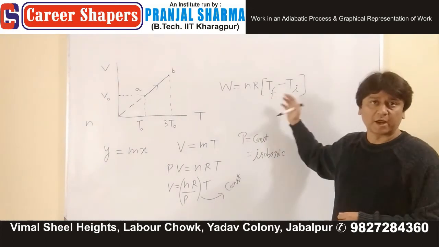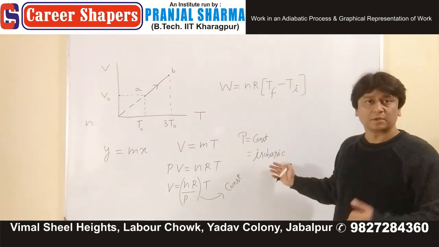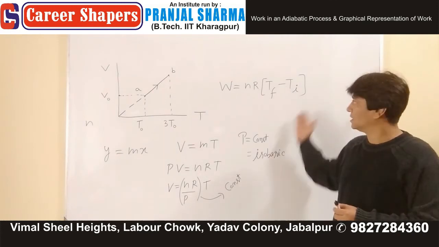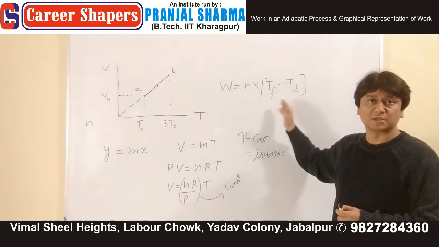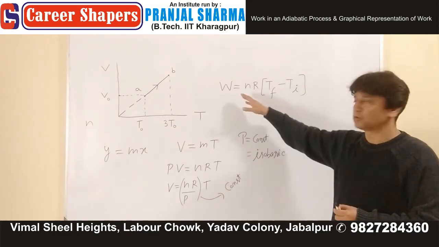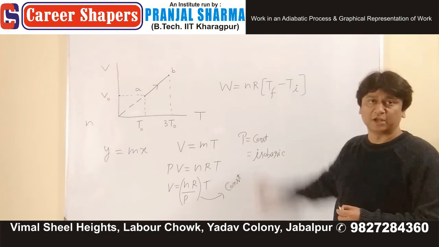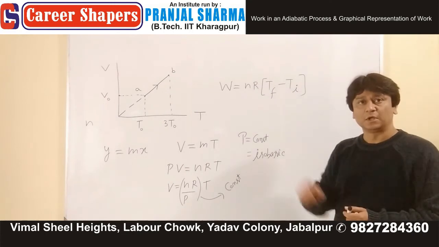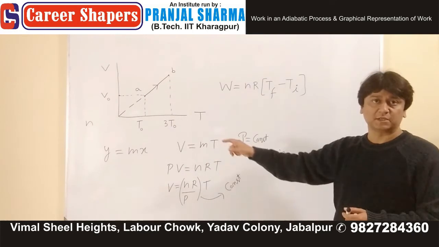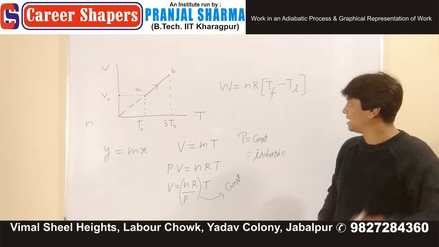What is work done for an adiabatic process? Trick-wise, remember: divide the whole thing by 1 minus gamma. For isobaric, nR(T final minus T initial). For an adiabatic process, nR(T final minus T initial) whole divided by 1 minus gamma. As a trick, you can remember that.